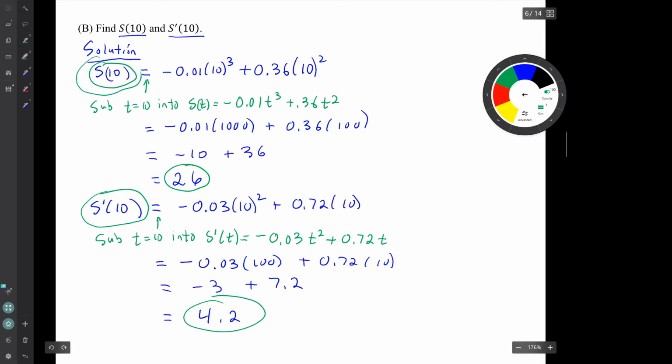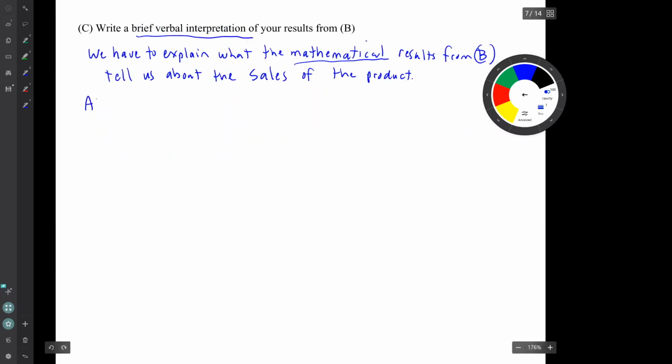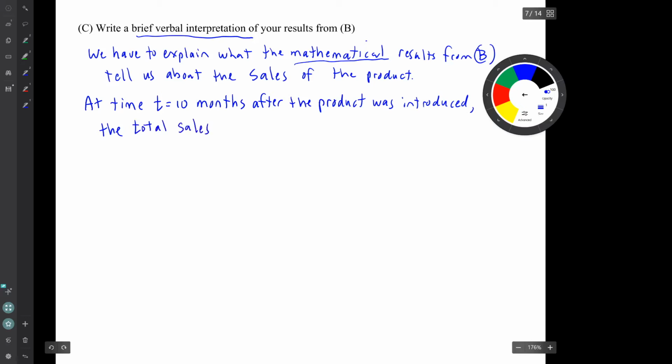So this symbol stands for the total sales in millions of dollars at time t. The value of that is 26, $26 million, and the time is 10 months. So in other words, that's our interpretation of one of the results from B.